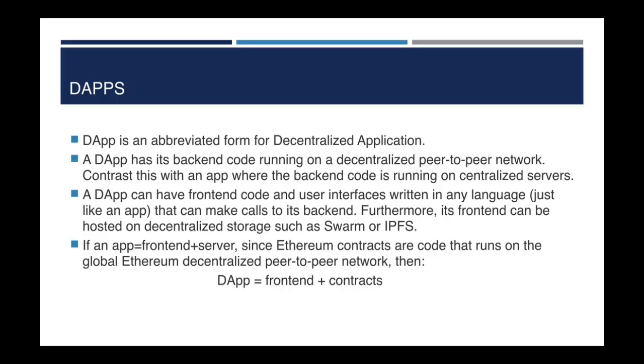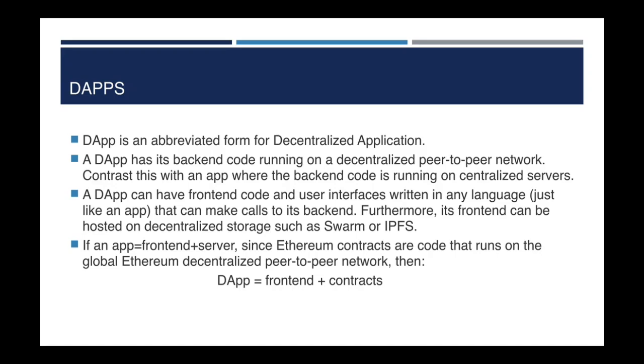You might have heard of distributed applications, also called dApps. dApps are nothing but your front end code and also your contracts written on the network. Distributed application code can have its own distributed front end as well, and you have different decentralized storage such as Swarm and IPFS, where you can host this distributed storage.